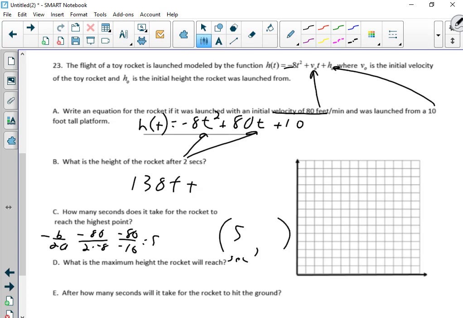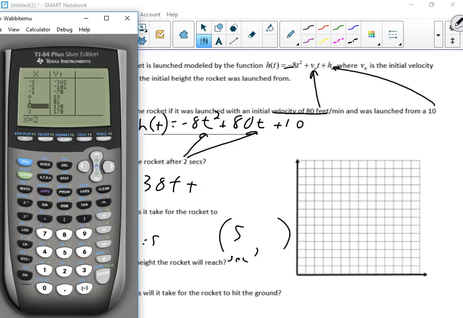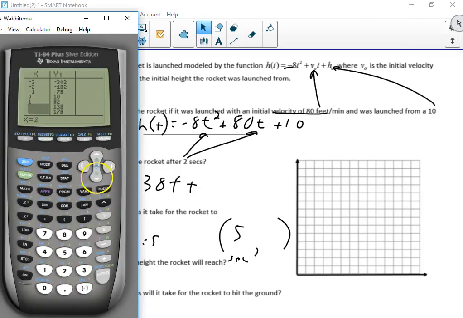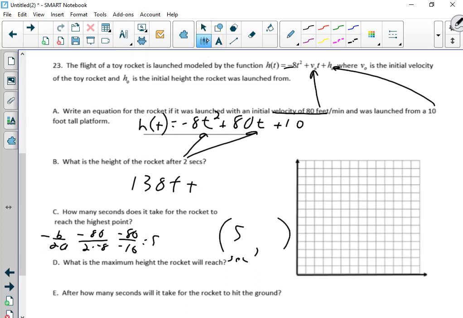What's going to be the height? So I'm just going to go to my table. Look at 5. 210 feet. So that's the vertex. So 5 seconds to actually answer this question, and the height will be 210 feet.